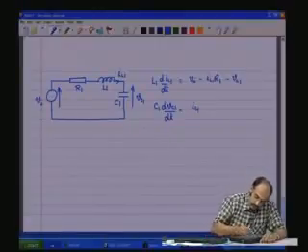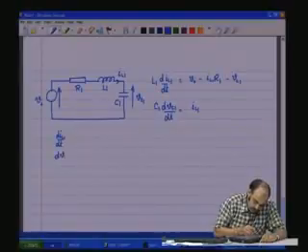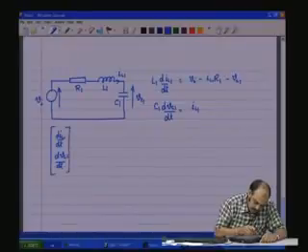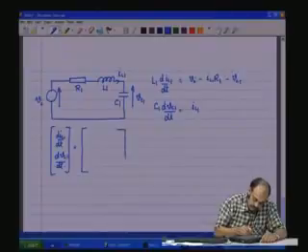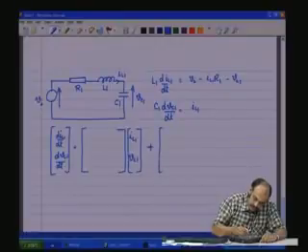So, putting it in the state equation form, you have dIL1 by dt, dVC1 by dt, this is the x dot, x being the state vector. You have IL1 and VC1 as the state vector, plus an input matrix that we need to fill up, VI.